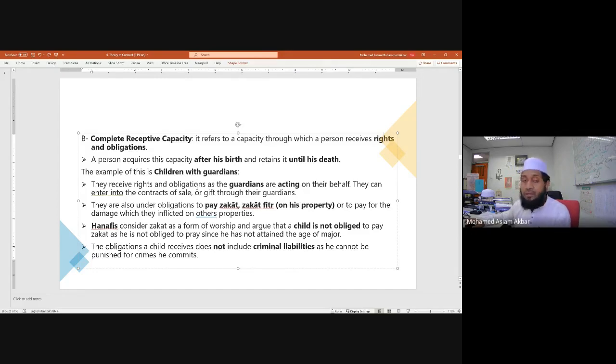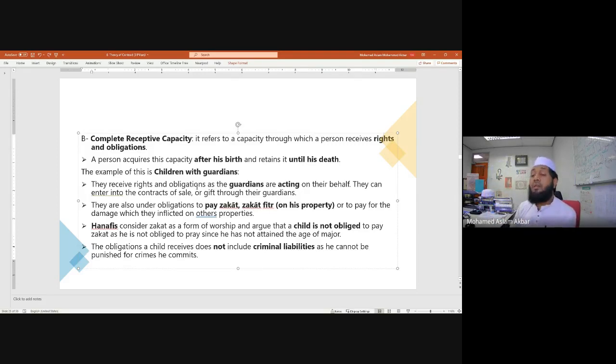First of all, the grandfather Abdul Muttalib was the guardian of the Prophet ﷺ. Then later, after the grandfather, the uncle Abu Talib was the guardian of the Prophet ﷺ.